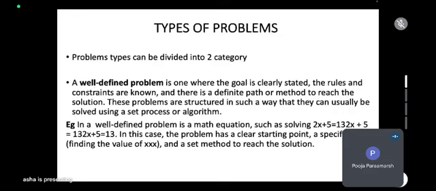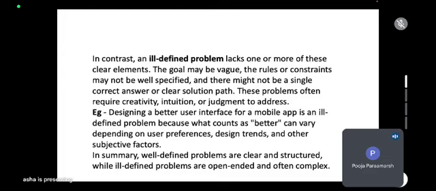The next, in the next slide, is the ill-defined problem. Ill-defined, in contrast with well-defined, lacks one or more of these clear elements. That means either the method is not clear or the problem is not clear. As it is written, the goal may be vague, the rules or constraints may not be well specified, and there might not be a single correct solution or a clear solution path.